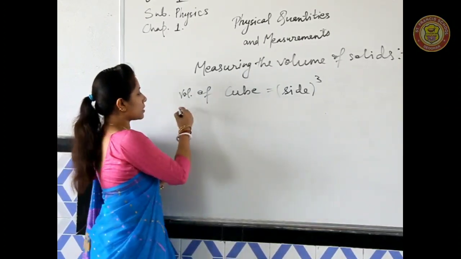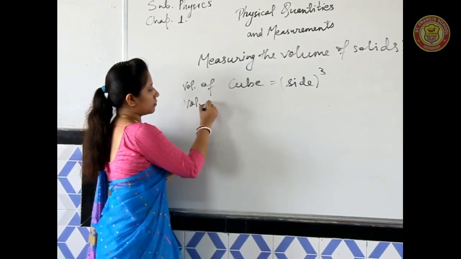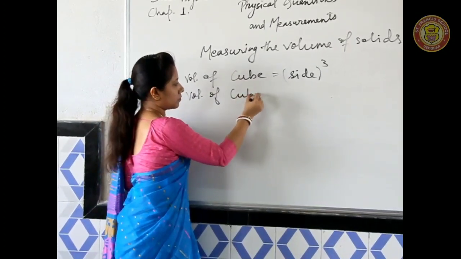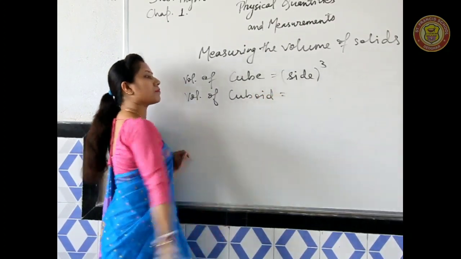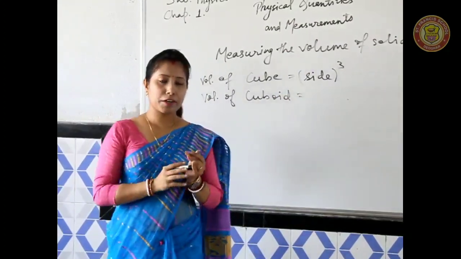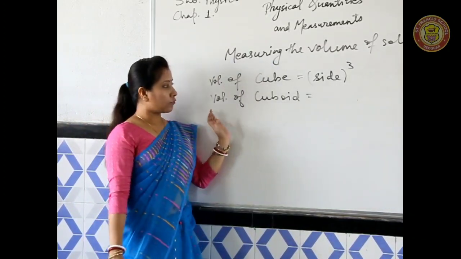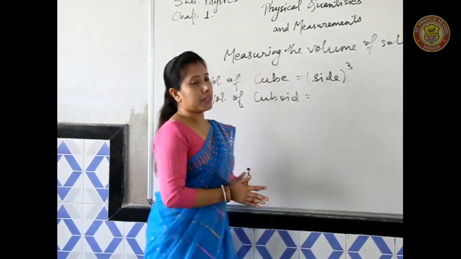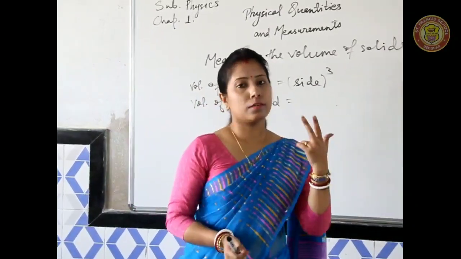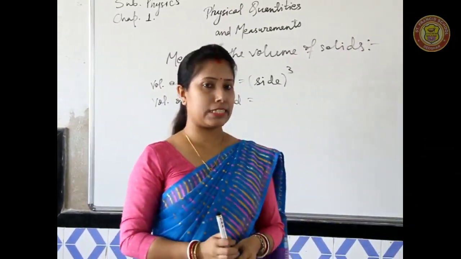The next solid is cuboid. Cuboid is also a three-dimensional figure. So volume of cuboid: in a cuboid you will have length, breadth and height.